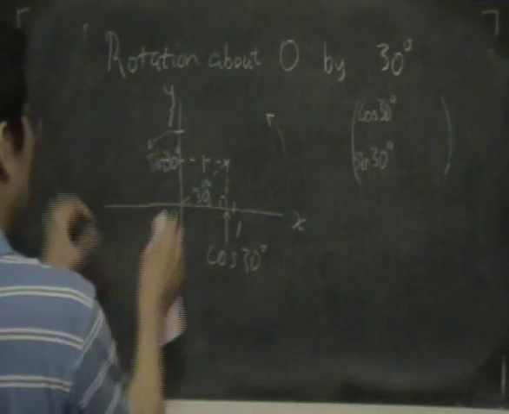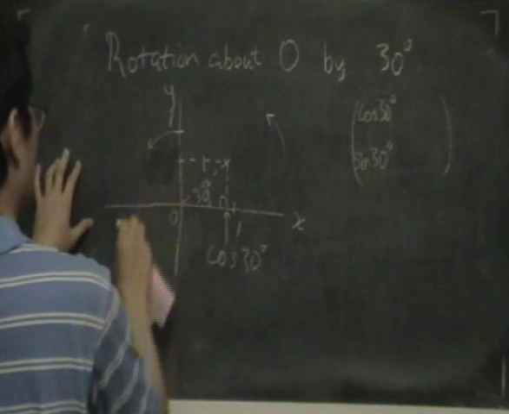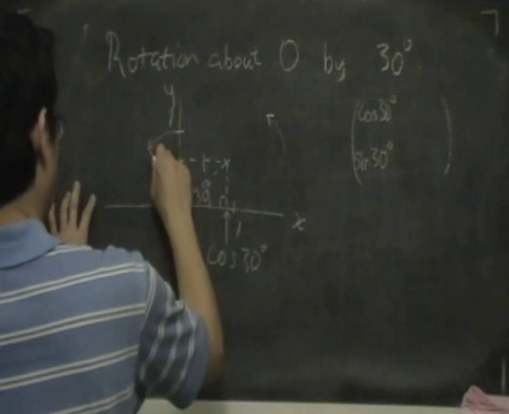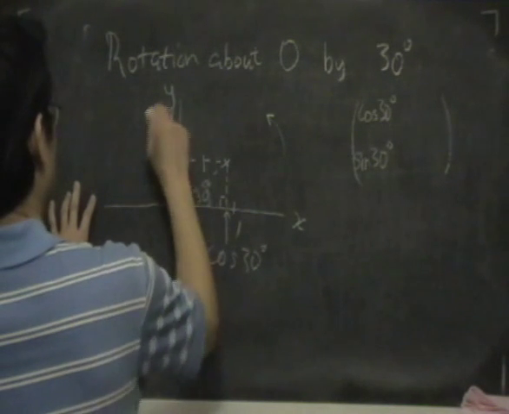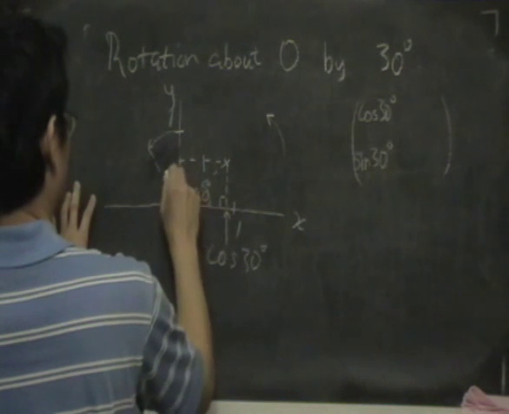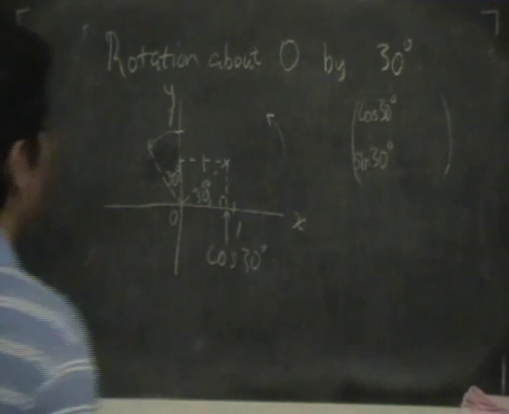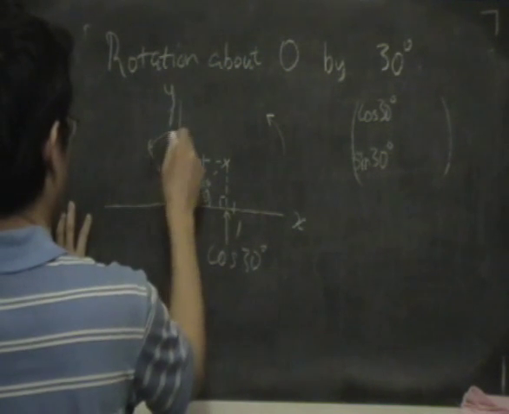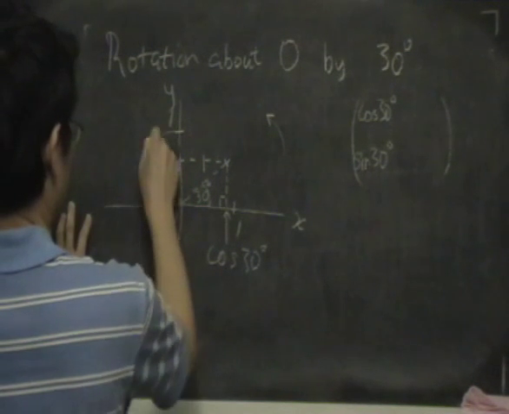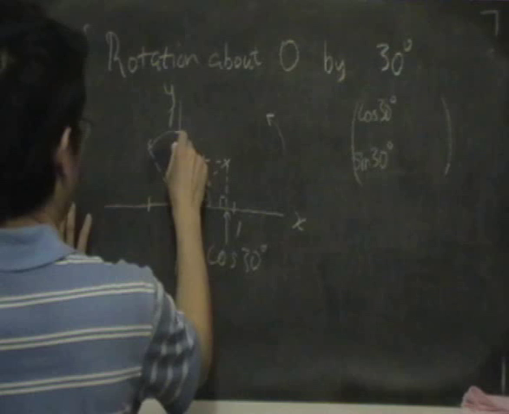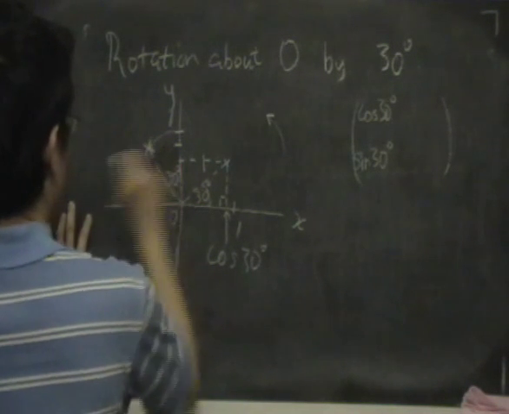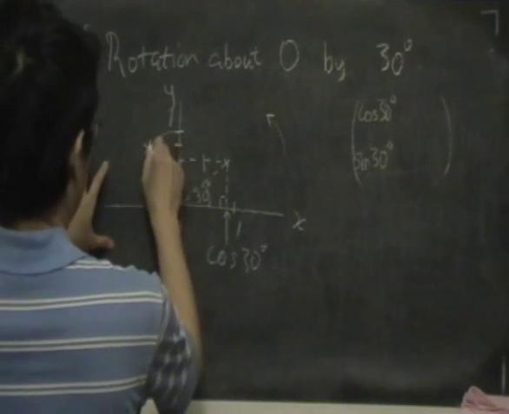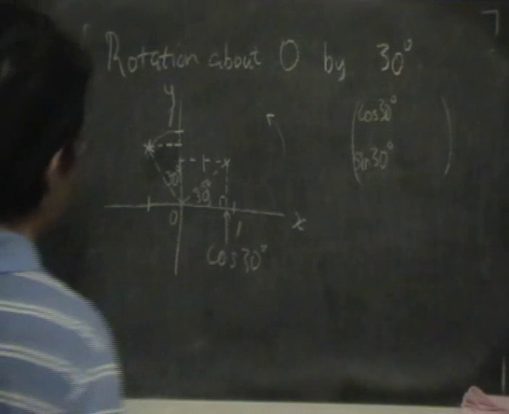So let me clear this away to make it easier to see. I rotate by 30 degrees, it comes here. That's 30 degrees. So now, if I want to find the x and the y values of this image point, I'll drop a perpendicular to the y-axis.